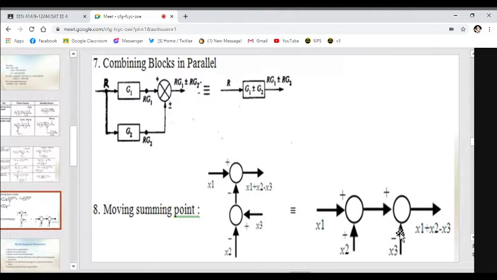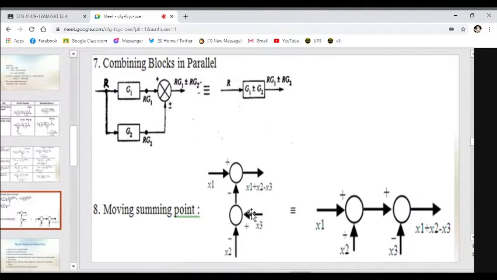And then, na-represent mo siya as this one. No? So, x3. Okay? Ang lalabas dito ngayon, dito ay x1 plus x2. Okay? Then, nung lumabas dito, that is x1 plus x2 minus x2. Okay? So, you converted this from parallel or from vertical, ginawa mong horizontal.